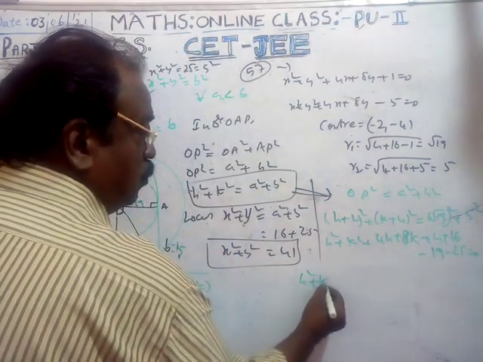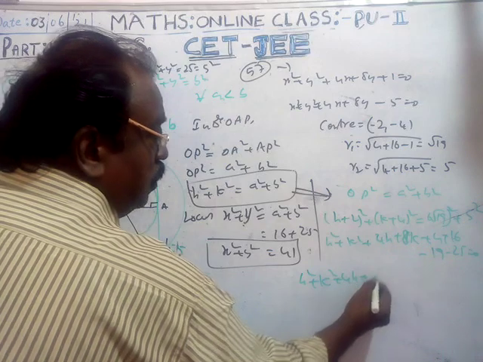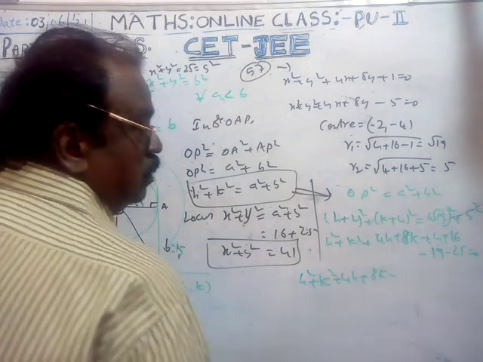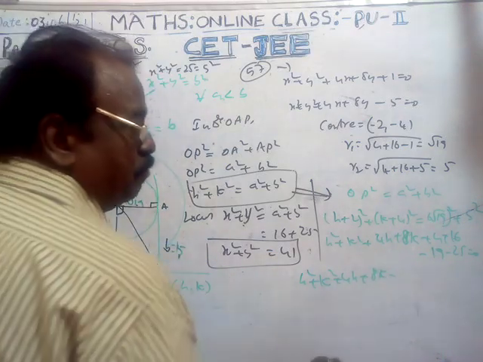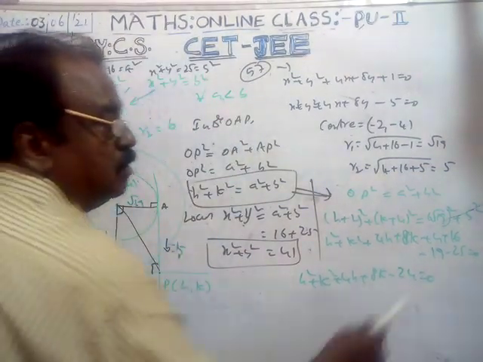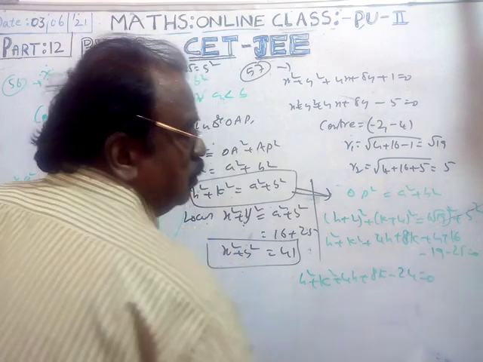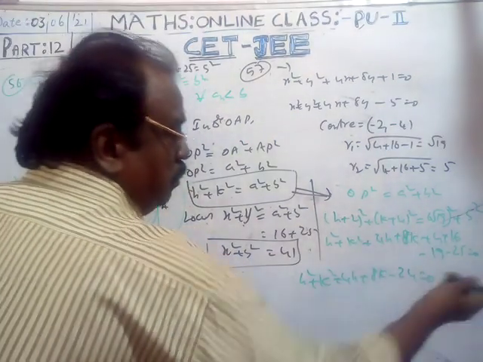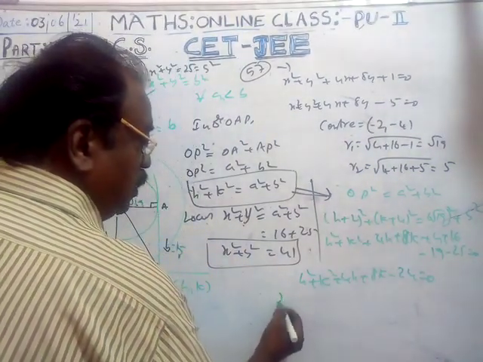So h square plus k square plus 4h plus 8k, that is 20 minus 5 minus 24. Okay? This is 29. 20 plus 20 minus 25 minus 5, minus 19 minus 9.